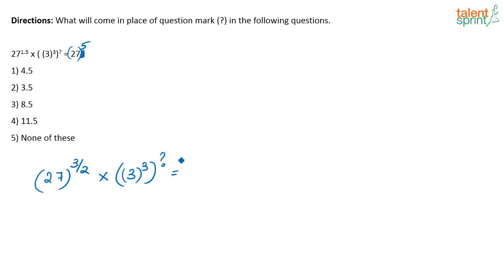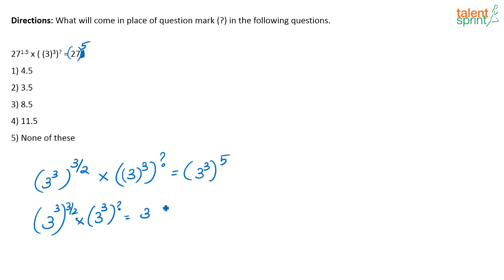27 is nothing but 3 cube, so 27 to the power 5 is 3 cube whole to the power 5. Here also it is 3 cube, so 3 cube whole to the power of 3 by 2 into 3 cube whole to the power question mark is equal to 3 cube whole to the power of 5.